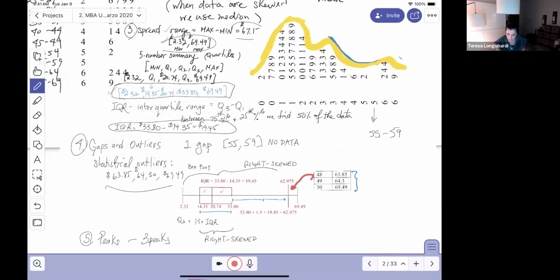The first one is between 15 and 19. The second one is between 30 and 34. And the last one is between 60 and 64.